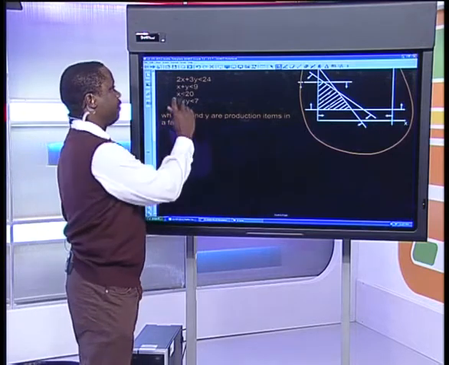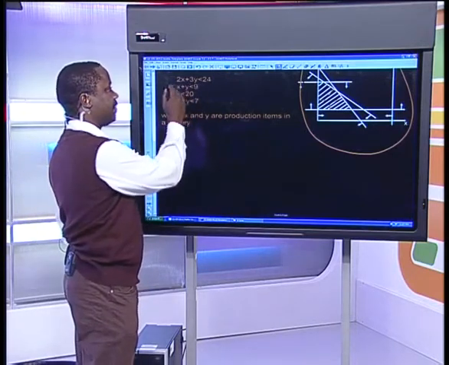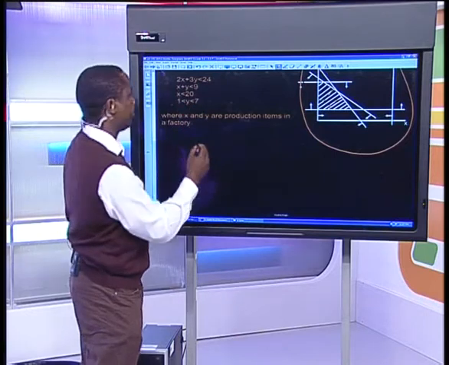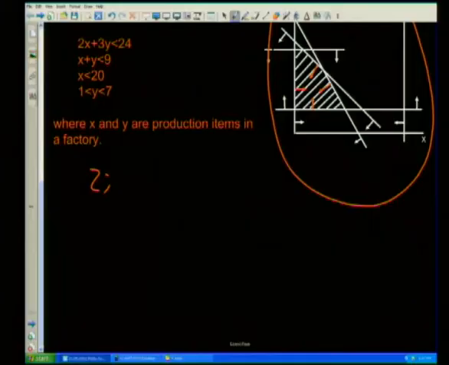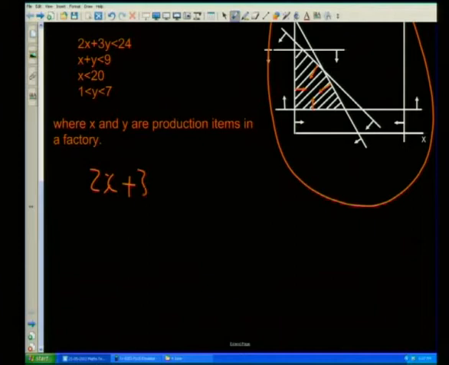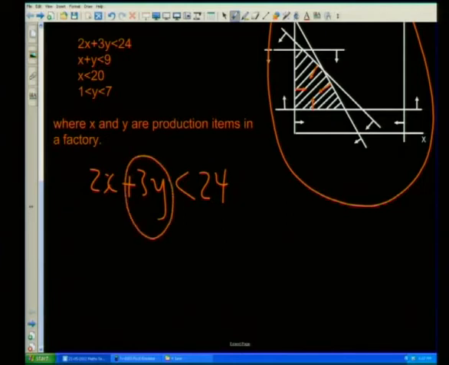In this case, if we look at the first inequality, it says 2x plus 3y less than 24. Now, if you deliberately cover that part of the equation, just because y is equal to 0 if you are looking for the x-intercept, you end up with 2x equal to 24.